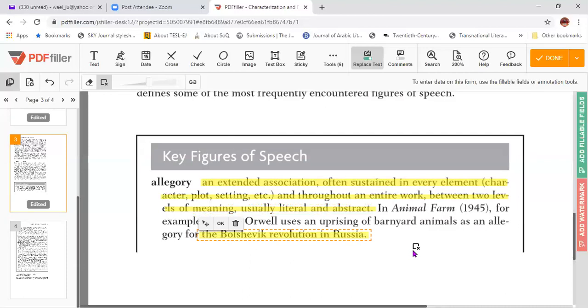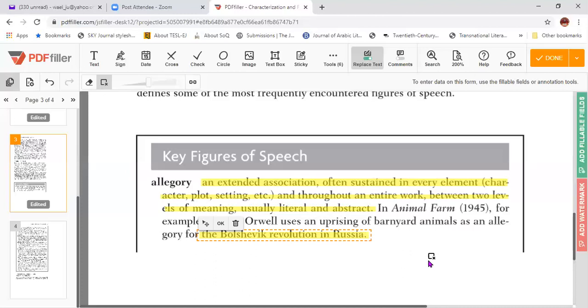So simply here we have animals referring to human beings and referring to real events. That's what we call allegory. So this Animal Farm is an allegorical story or allegory because the animals represent real people and are connected to real events.